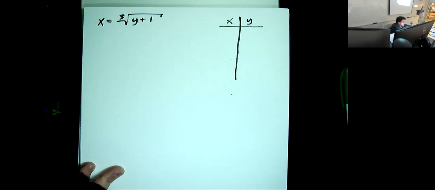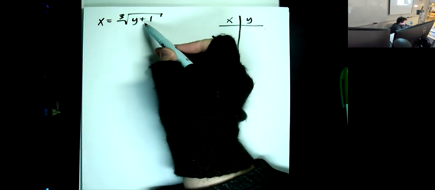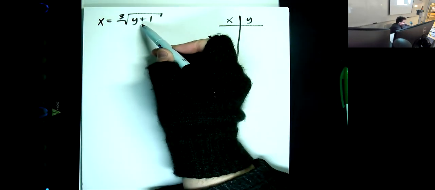So we have two options here. One of them is just to solve as is. And I think it's worth doing just so you get used to realizing that you don't have to just plug in x's. We can plug in values for y to plot this graph.